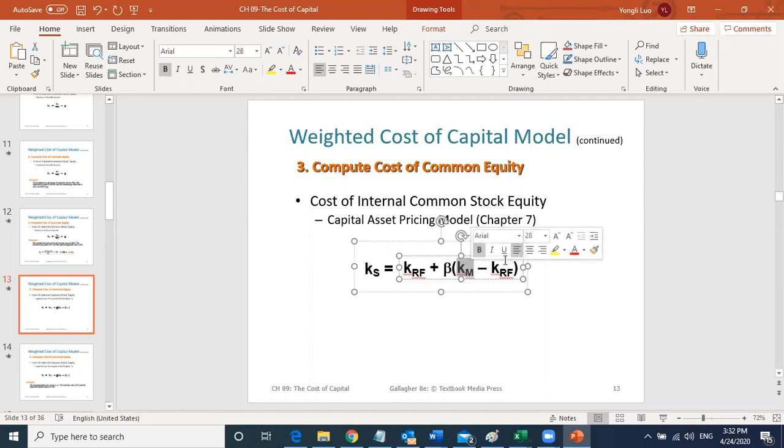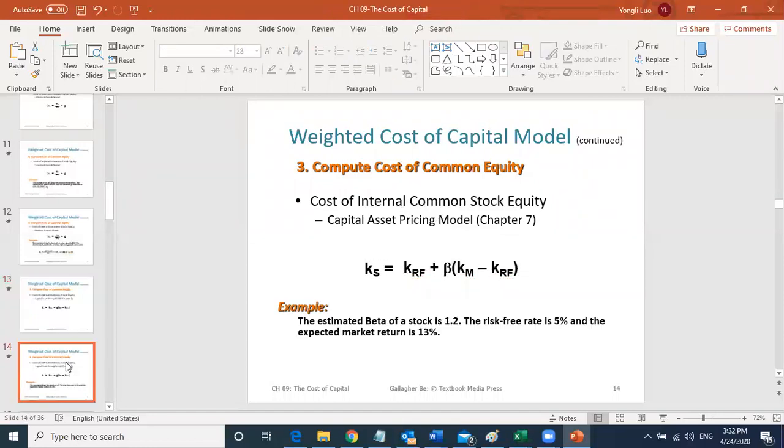So this part in the parentheses is called our market risk premium, times beta. Basically we need to know the risk-free rate, beta, and market return, and then we can calculate the cost of common equity.